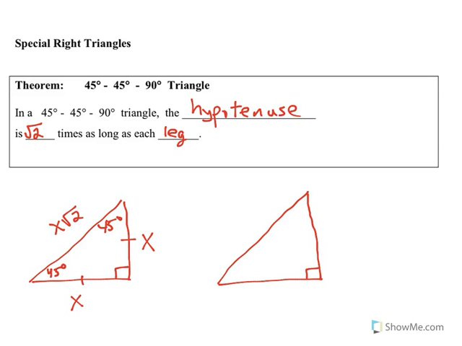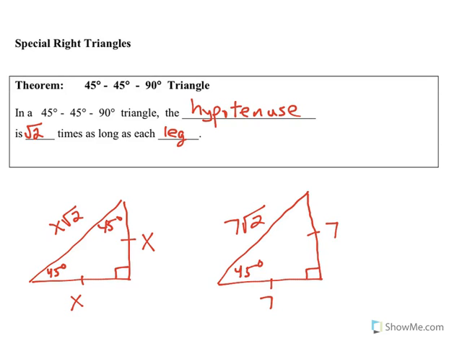So I knew I had a right angle, and I had 45 degrees, and let's say I had a leg that was 7. Then I know this leg also has to be 7. And you don't need to do the Pythagorean theorem. You can just use this pattern. You can say, well, if this is 7, then the hypotenuse must be 7 multiplied by the square root of 2.